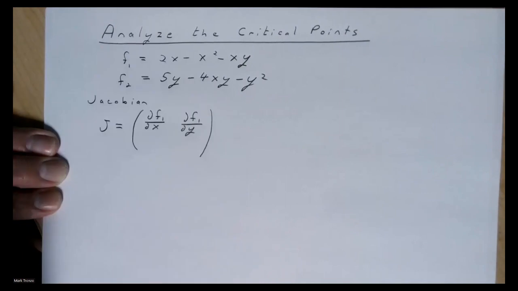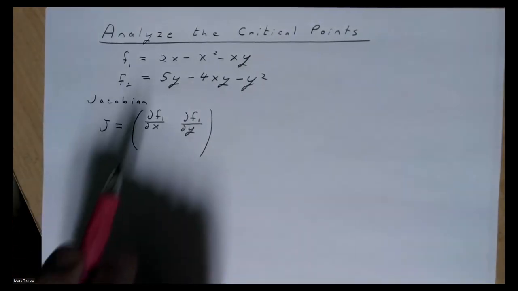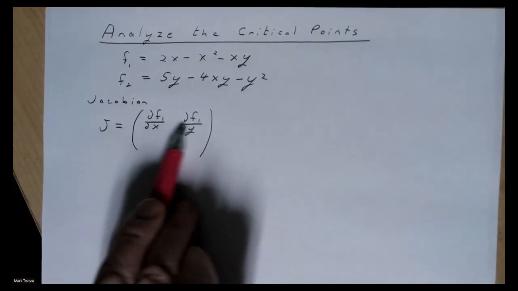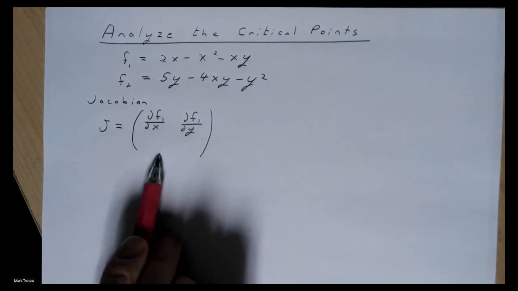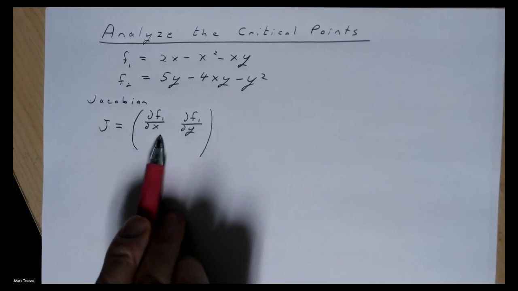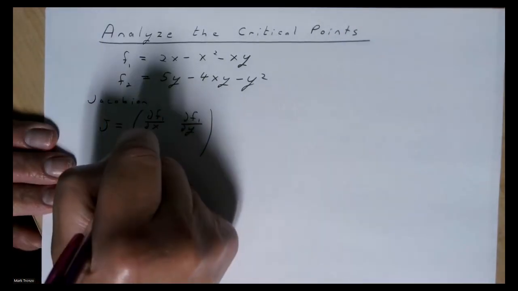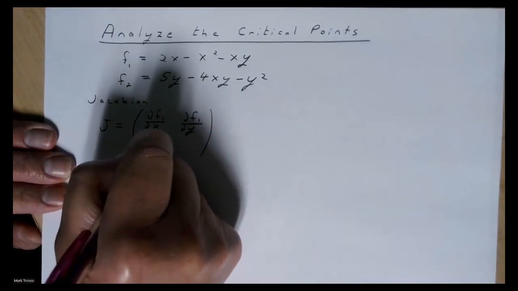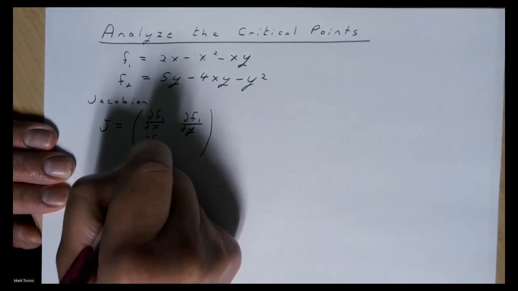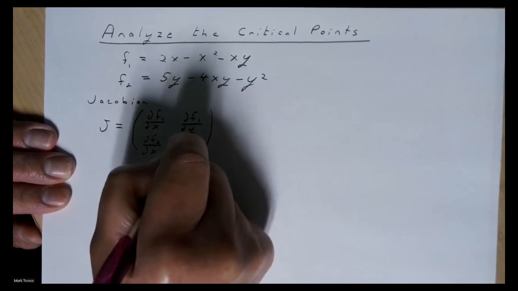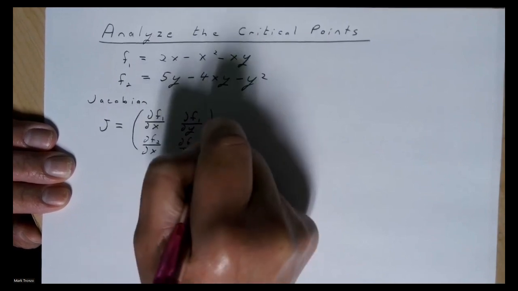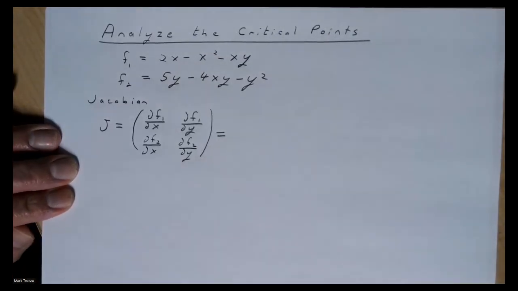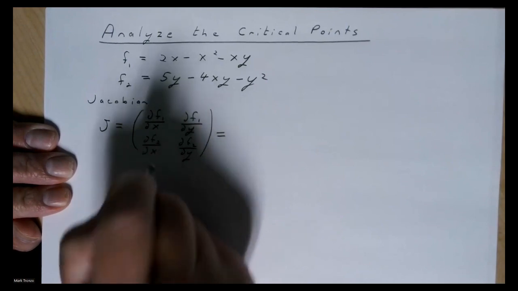Remember, when you're doing the Jacobian, you always keep the same function in the first row, and then take the derivatives with respect to x and y. And then in the second row, you work with the second function, and again take the derivatives with respect to x and y.